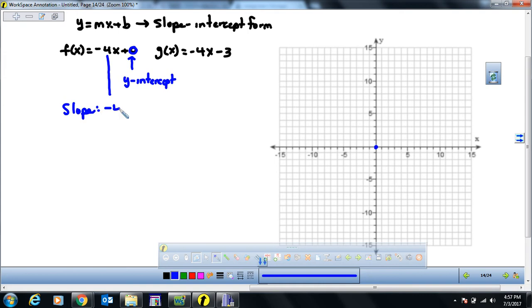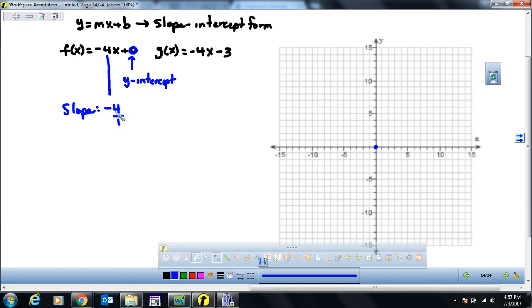The slope is -4, but it needs to be a fraction. So if it's not a fraction, you need to put it over 1. And what does the slope tell me? The slope tells me basically the number of units that the graph is increasing or decreasing to get from one point to the next point. We call it the change in y over the change in x, or some people call it rise over run.